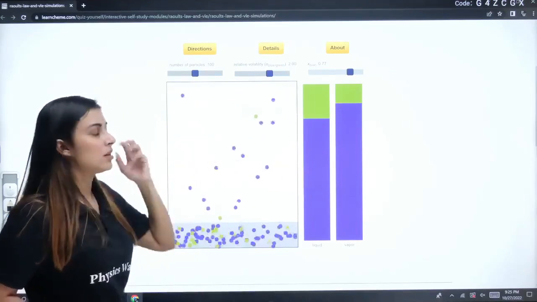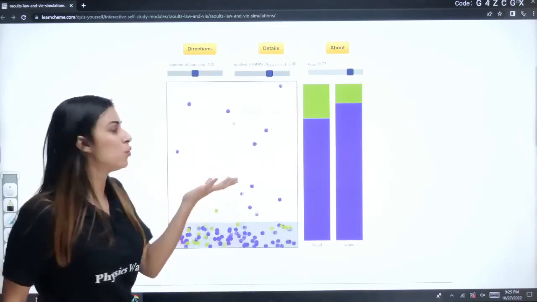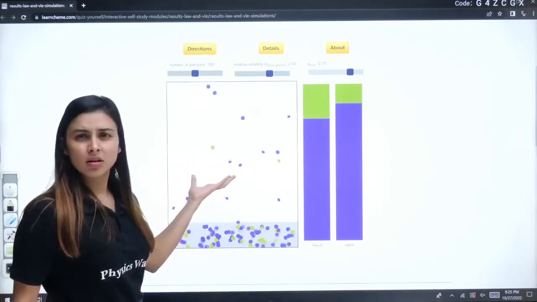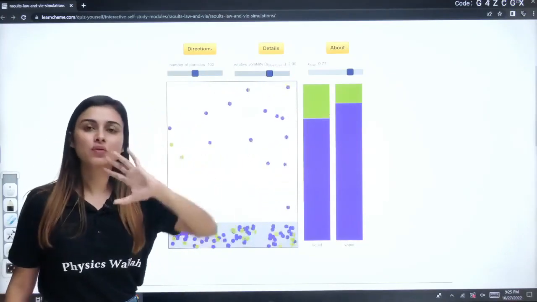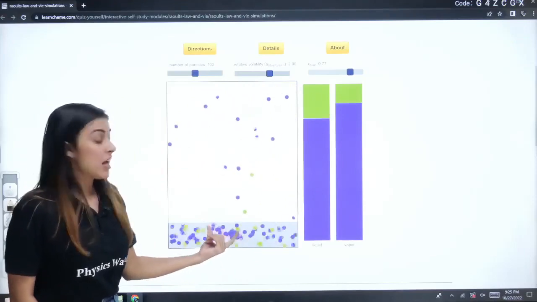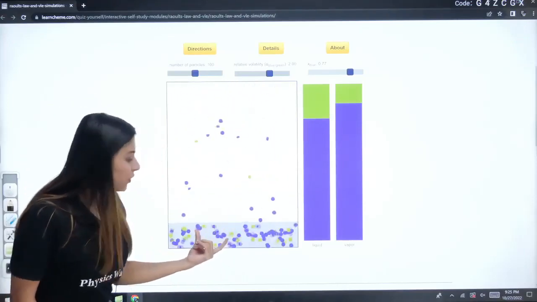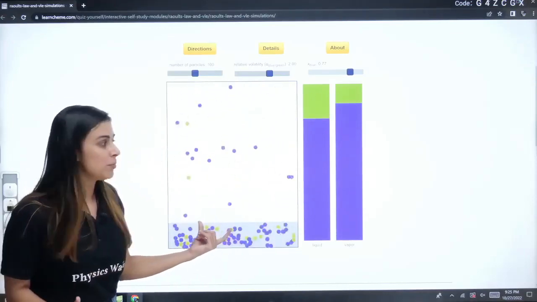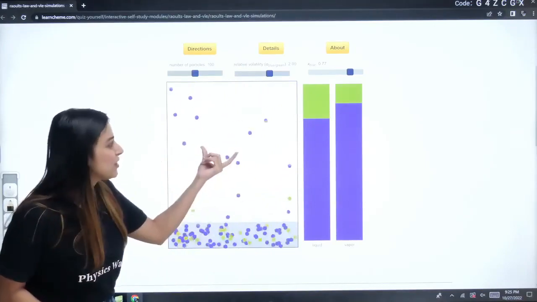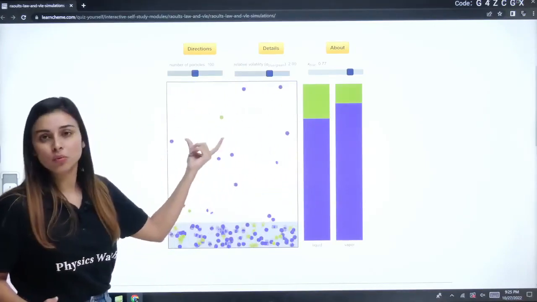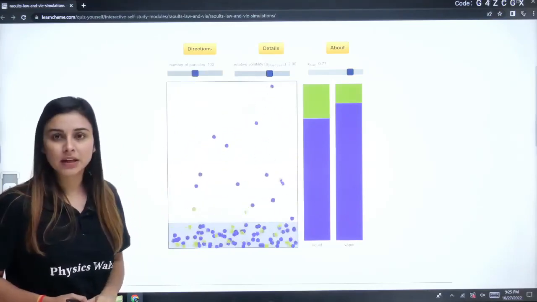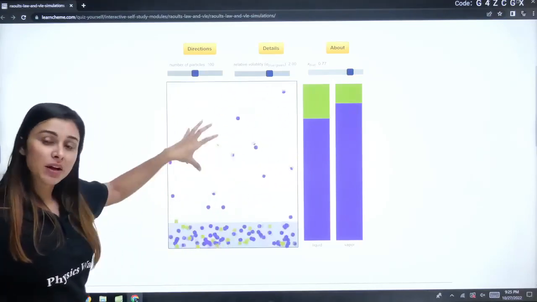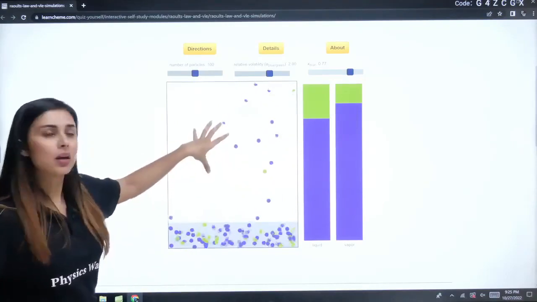Blue was, I guess, A. Just understand that I have increased the mole fraction of one component in the liquid phase. Now in the liquid phase I have more blue or purple balls, so in the vapor phase also I can see more blue or purple balls as compared to green. So we can say that the partial pressure exerted by it would be more, right?